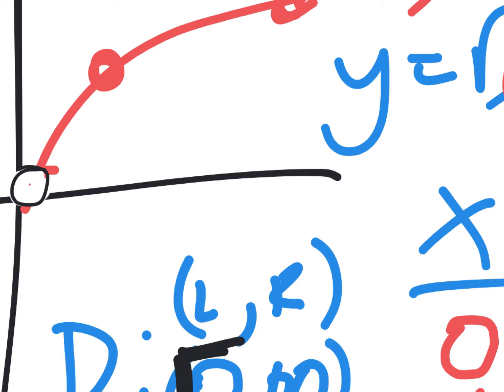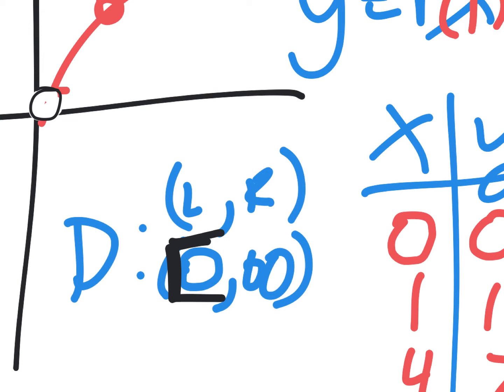Then they'd be saying it gets really close to 0, but it doesn't touch 0. So if it had an empty spot like that, then you'd use a parenthesis. Well, then you'd erase this and use a regular parenthesis around it. Like that. Okay?